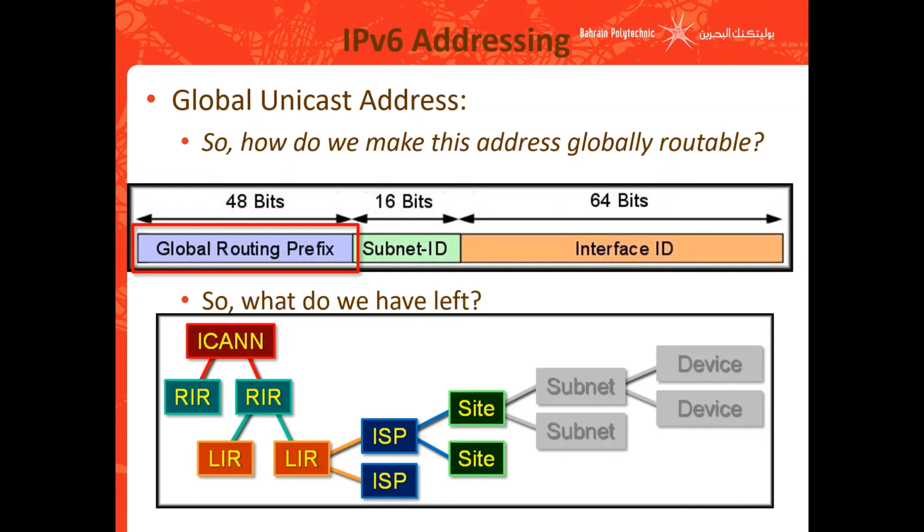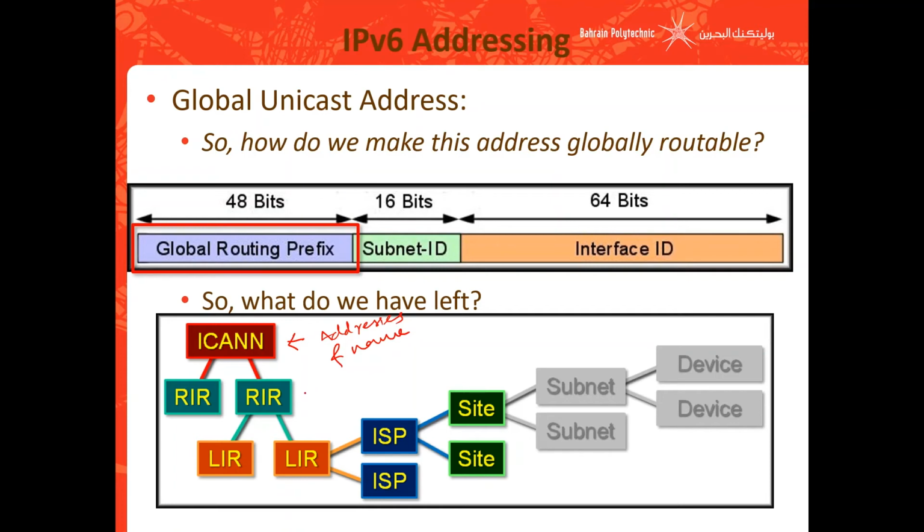So, what is the global routing prefix? Okay. We have ICANN, which is an organization that handles addresses and names and all of that. Basically they have access and power to everything.